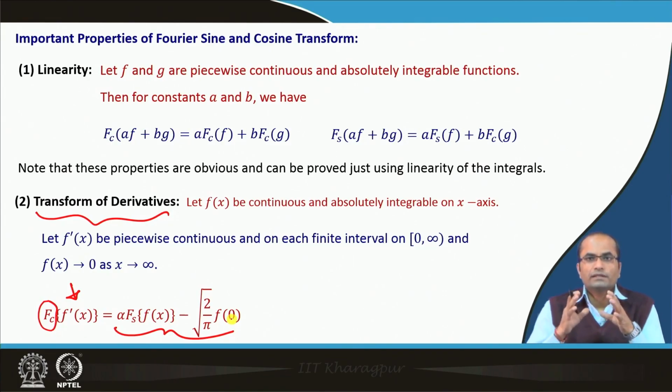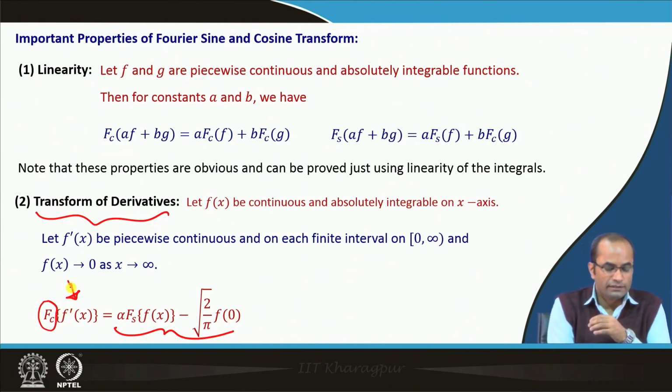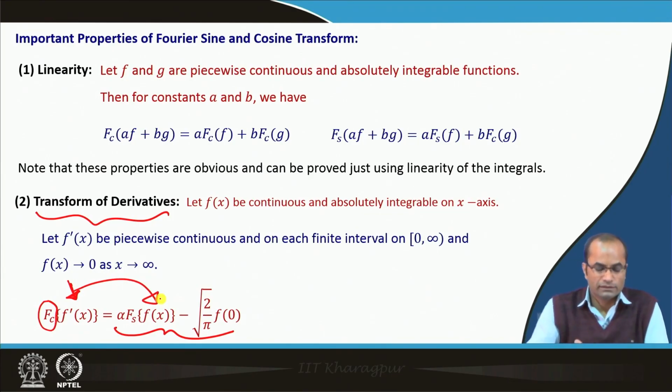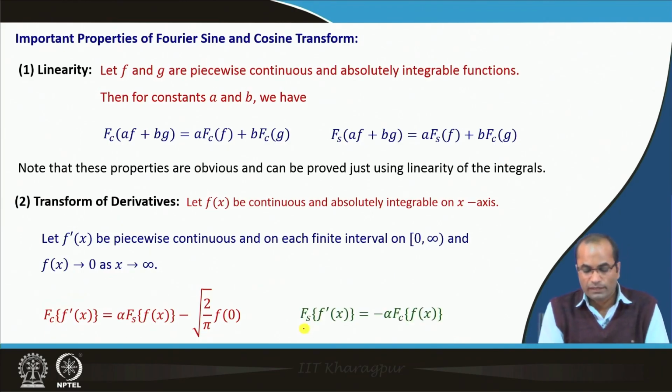When we take the Fourier cosine transform, for instance, of the differential equation, we get rid of the derivative term, and this is how we use the Fourier cosine or Fourier sine transform for solving differential equations. Similarly, for the Fourier sine transform, when we apply it on the derivative of f, we get minus alpha times the Fourier cosine transform of the function f.